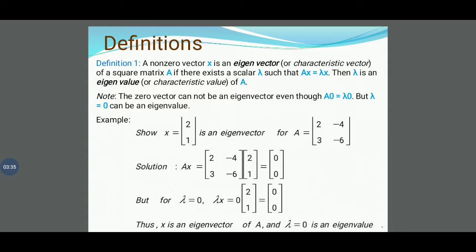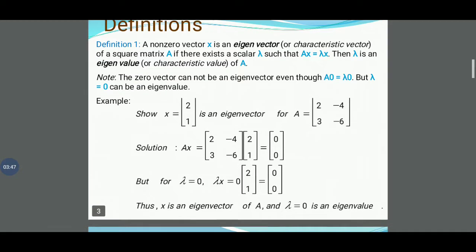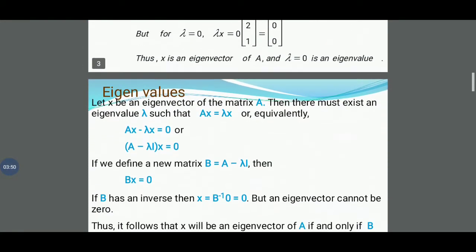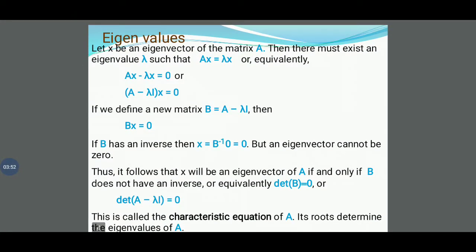Okay, hope you understood. Simple. Lambda may be 0, but all elements of x will not be equal to 0. That is the meaning of an eigenvector. Now separately we will discuss what is eigenvalue and what is eigenvector. 100% they are related to each other.